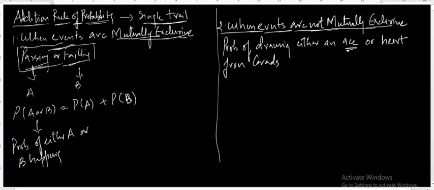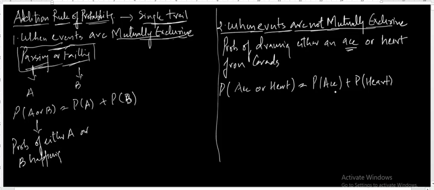Let me calculate the probability of ace or heart. It is very simple. If I look at it by this rule, it is equal to the probability of ace plus the probability of heart.